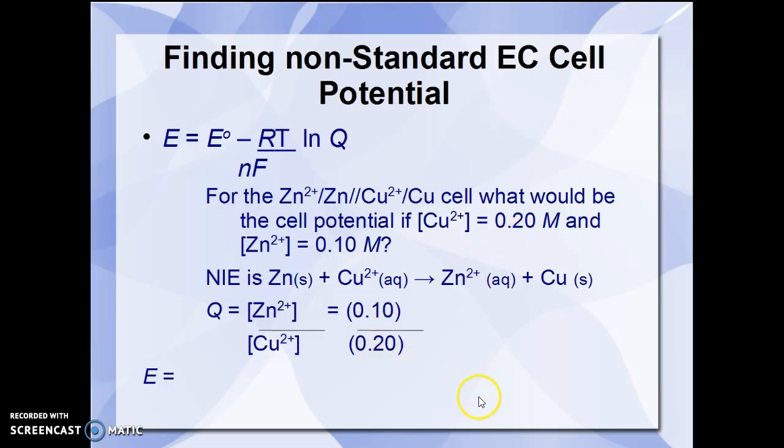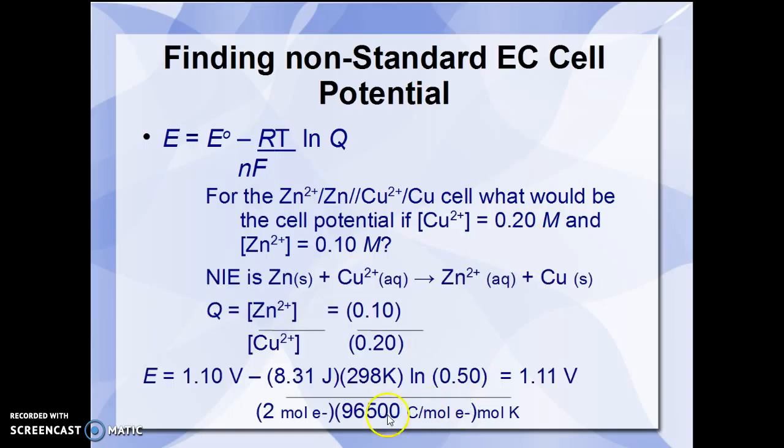of the copper ions. Now, when we then use these numbers in the Nernst equation, we take the 1.10 volts that we found in the previous slide, and we're going to subtract RT over nF times the natural log of Q. Now what I'd like you to do on your calculator is just type in 0.5, because that's Q here, 0.1 over 0.2.